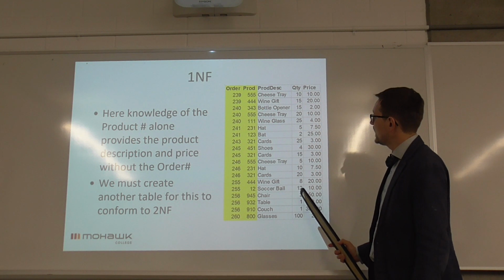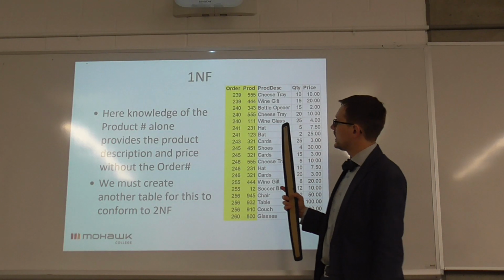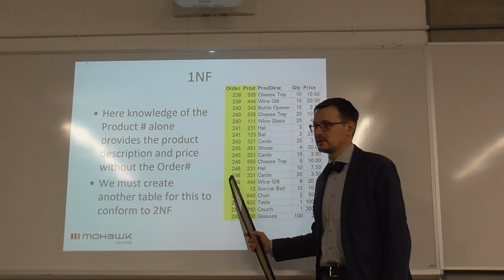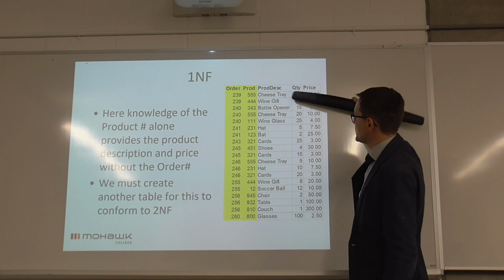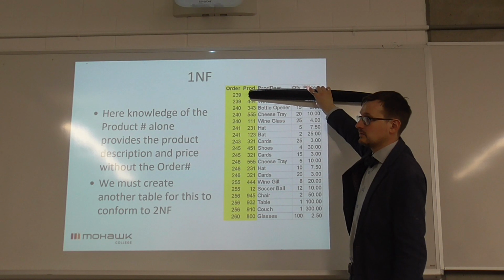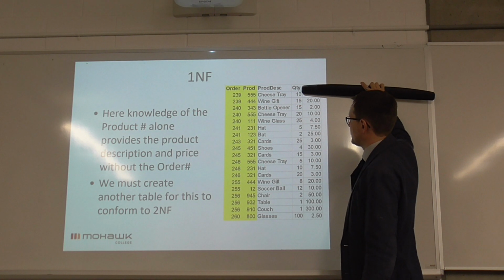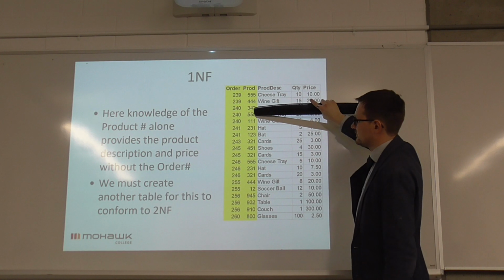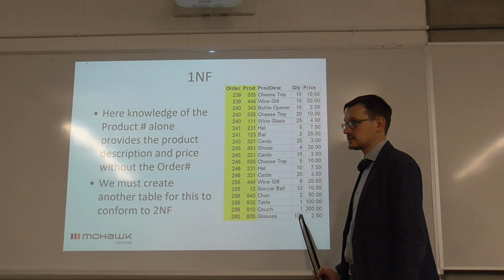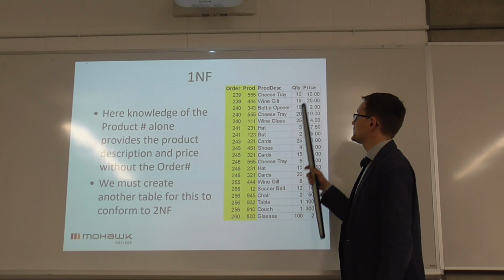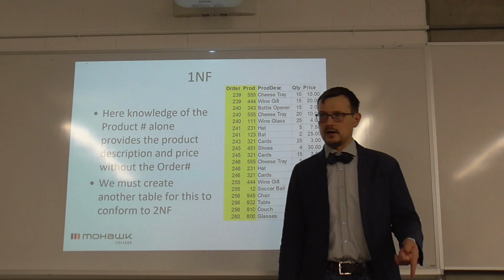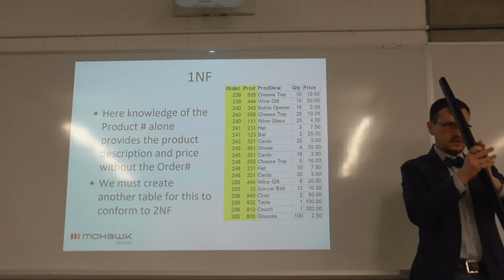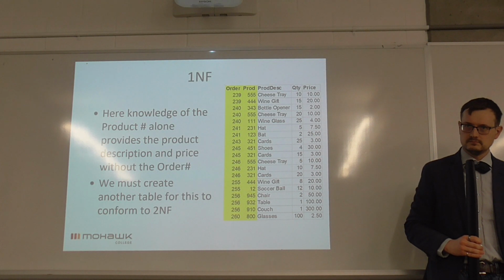Quantity is not dependent on order either, that's separate. The quantity is not dependent on the product ID, because here we're ordering 10 555s, here we're ordering 20 555s. So quantity is not dependent on product ID, but price and product description are. So those we can take out, make into their own table, right?